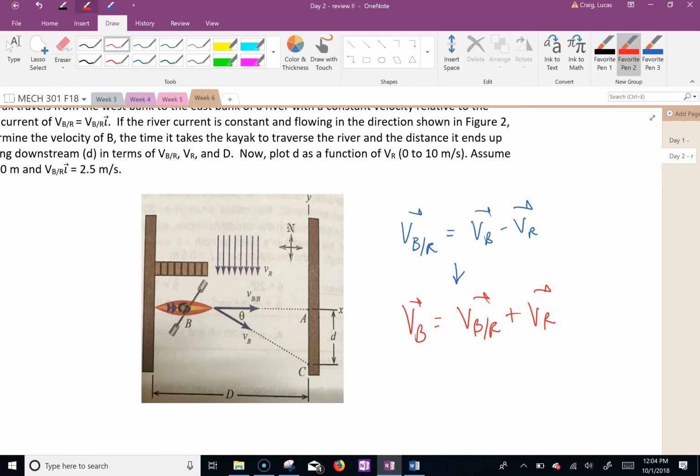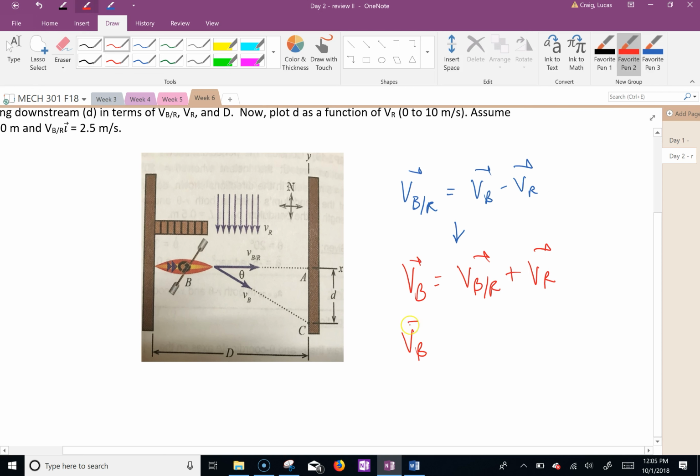Just to remember what the relative velocity means: the velocity of the kayak or boat with respect to the river is the velocity of the boat minus the velocity of the river. And in here, I now split those up into components that I know.